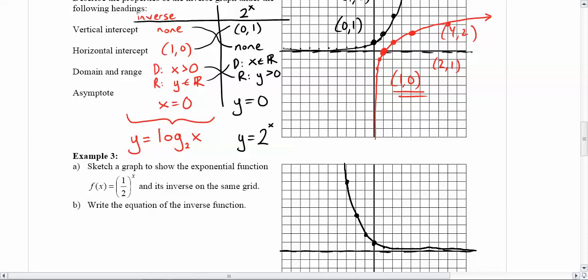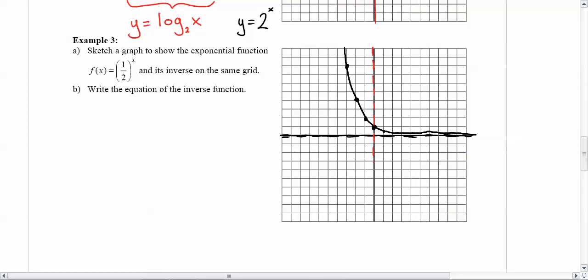Okay, so usually the thing I like to transform first is the asymptote. In the beginning we have a horizontal asymptote, so the inverse is going to become a vertical asymptote. The point 0, 1 becomes the point 1, 0. Negative 1, 2 becomes 2, negative 1. And we can continue that pattern with the other points. Positive 1, a half becomes a half, positive 1.